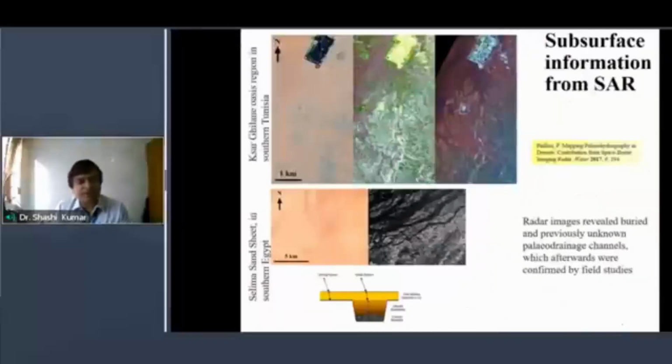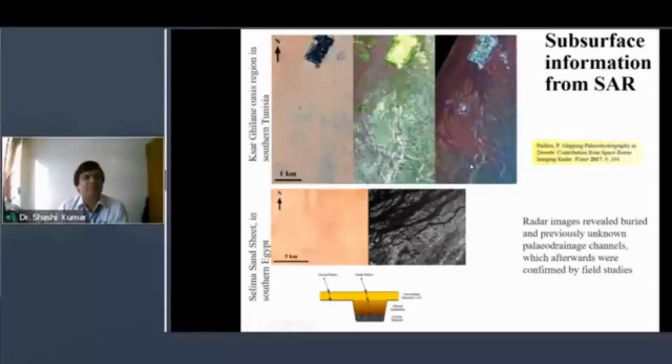So this information could be detected. Now here we are going to talk about another area. Again, this is the optical image of the area. Now here one can see the microwave images. This is L band and this is the P band SAR. One can see that there is high penetration capability in the P band SAR, and we are able to get more subsurface information in P band.